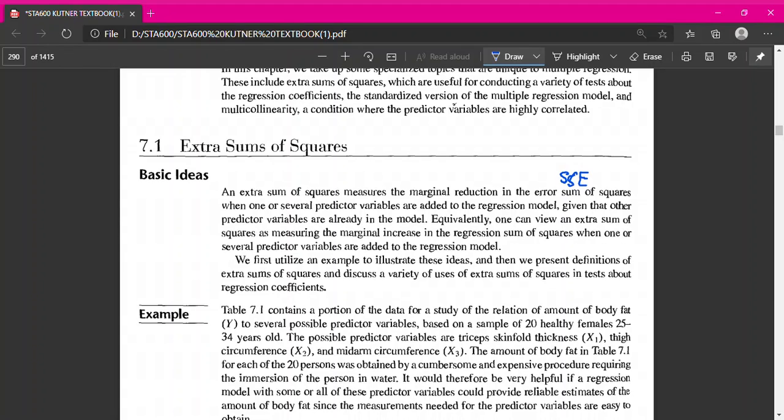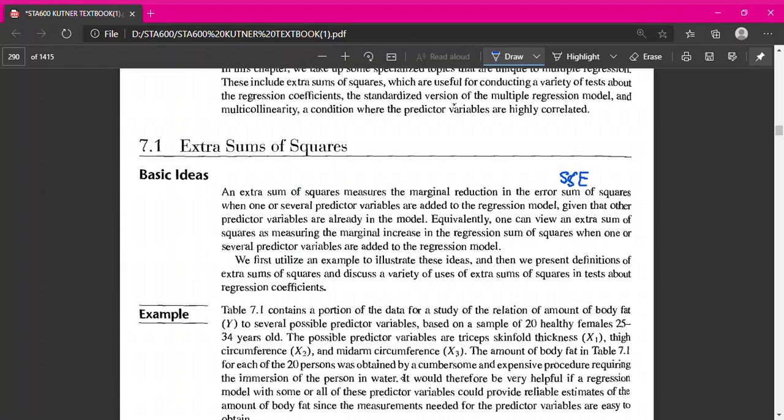So bila ada variable baru yang dimasukkan dalam the current regression model, then we can calculate the extra sum of square, which is we can measure the reduction in the extra sum of square.